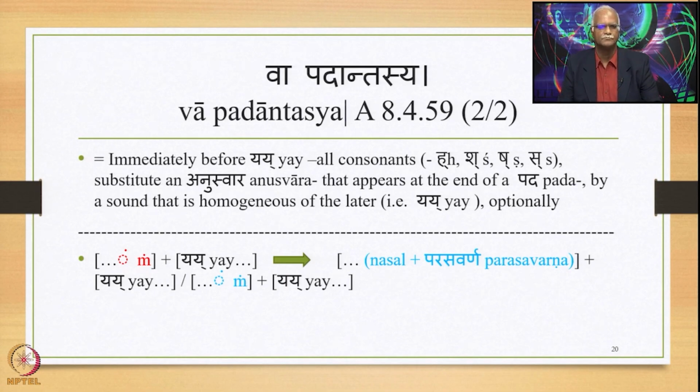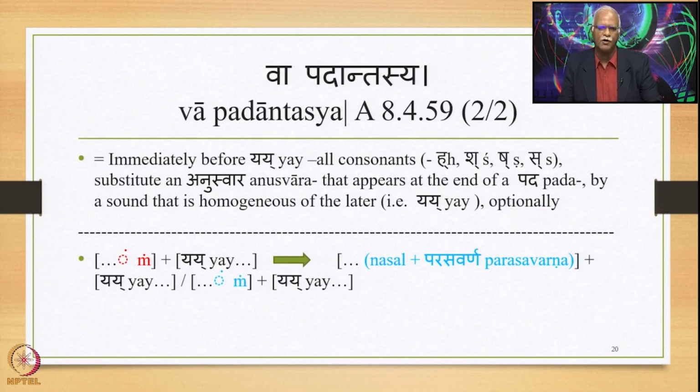I repeat, immediately before yai, substitute an anuswara, anuswarasya, that appears at the end of a pada, padantasya, by a sound that is homogeneous of the latter, parasavarna, optionally, va.